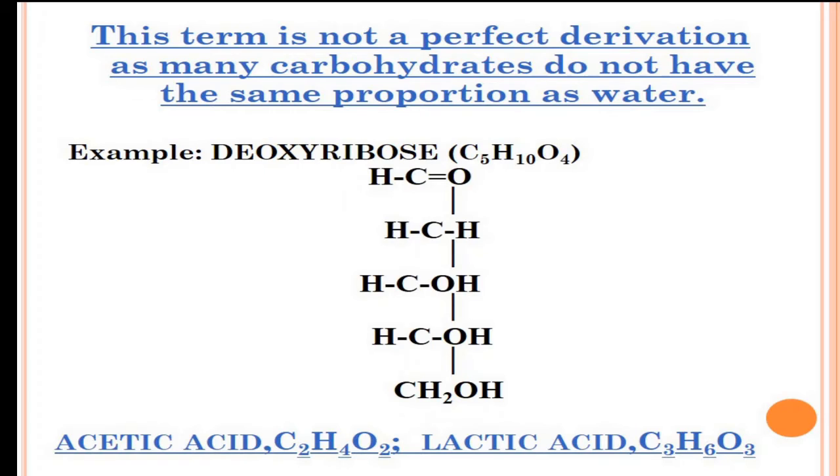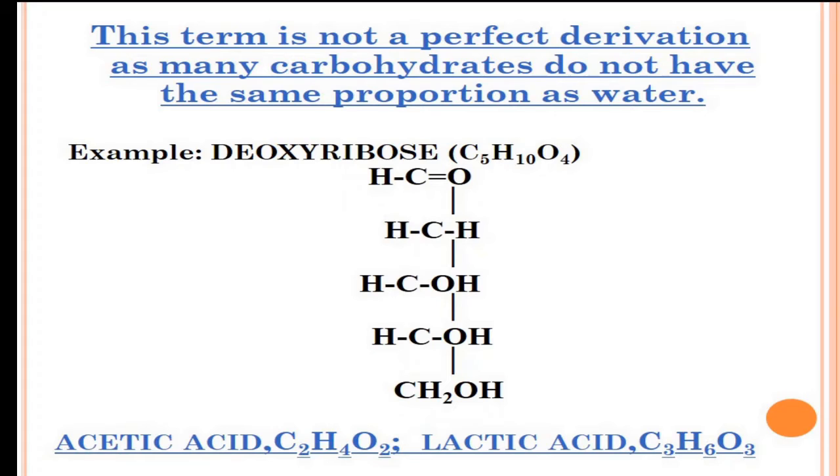However, as per the definition, it does not fit, because this molecule has a molecular formula of C5H10O4. So the ratio of the hydrogen and the oxygen in deoxyribose is not the same as that in the water, that is 2 is to 1. So as per the definition, this deoxyribose molecule should not be classified as a carbohydrate. This is the first exception.